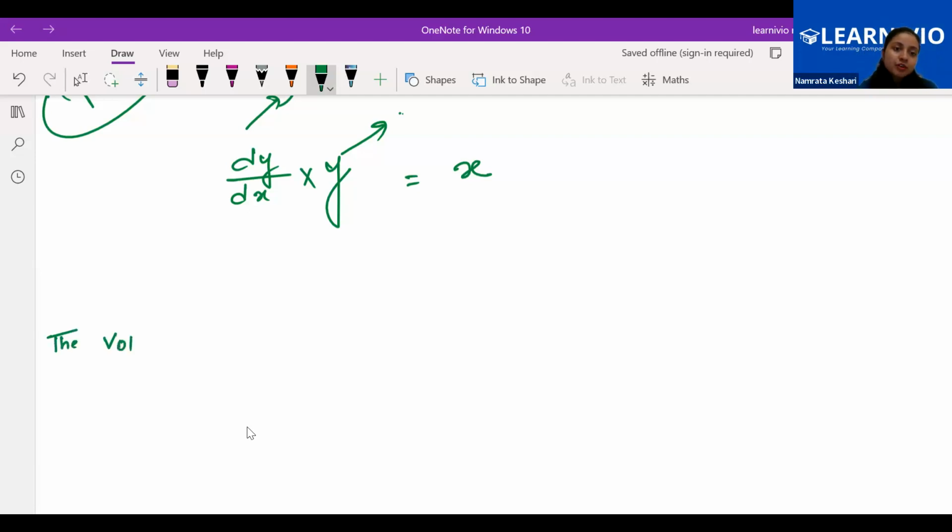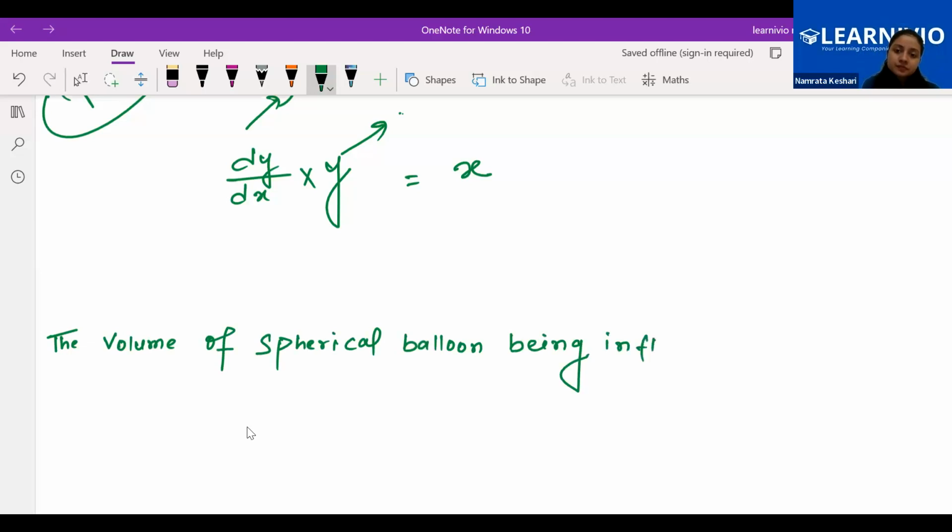The volume of a spherical balloon being inflated changes at a constant rate.